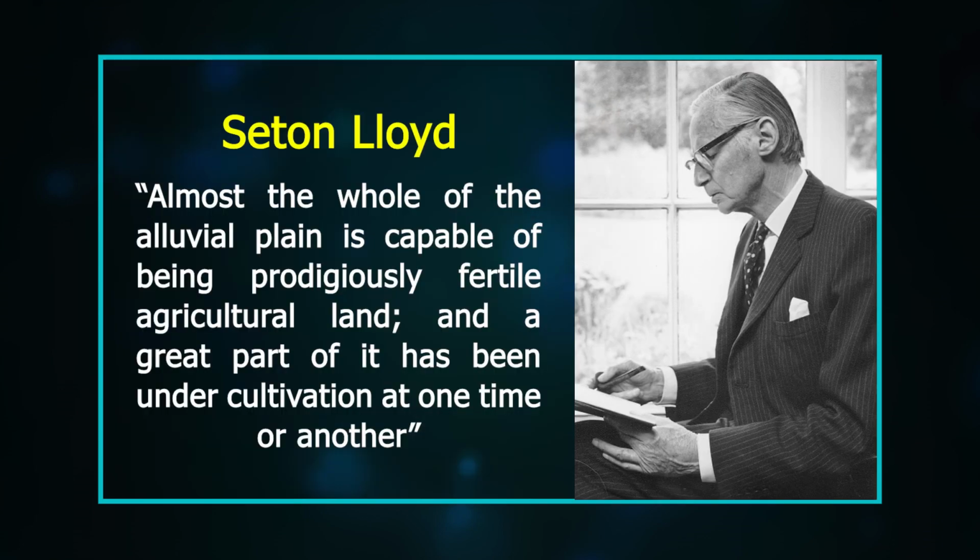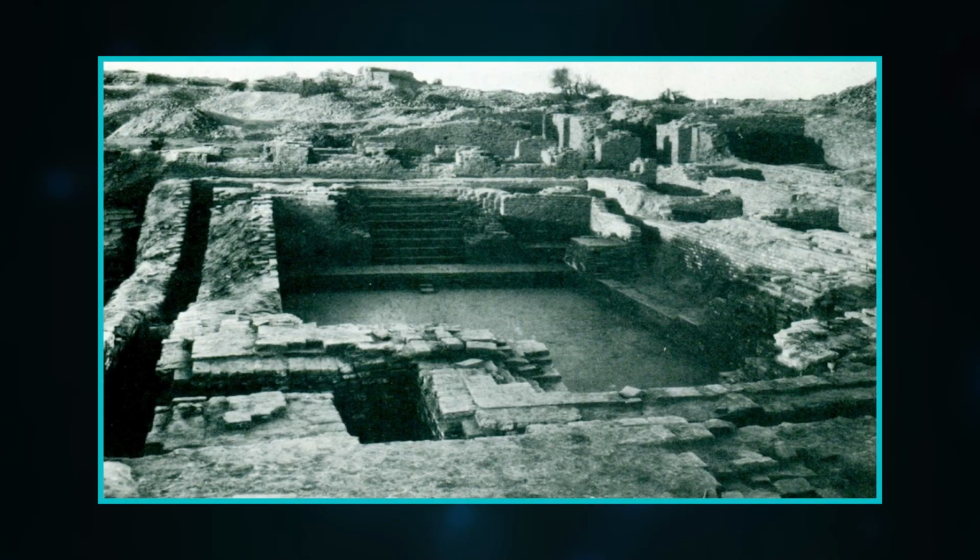According to Stephen Lloyd, almost the whole of the alluvial plains is capable of being prodigiously fertile agricultural land, and a greater part of it has been under cultivation at one time or another. The extensive network of old irrigation canals that have now been abandoned and whose spoil banks reach far out onto the plain beyond the few farmlands of today is evidence of all this.